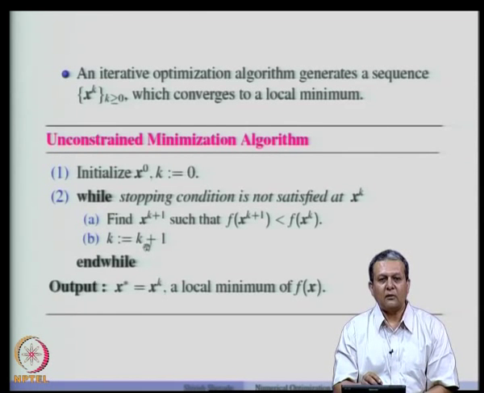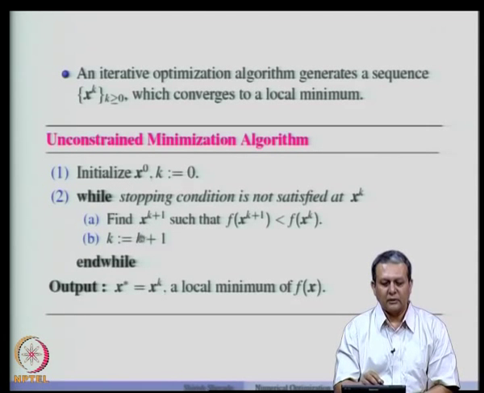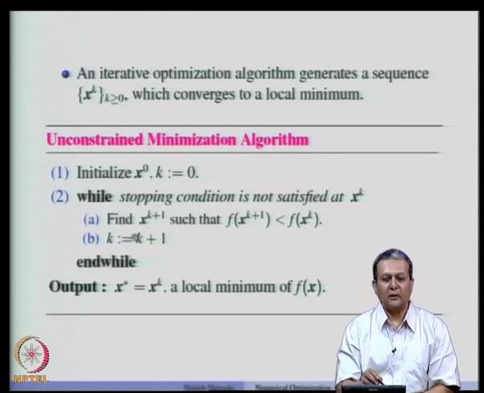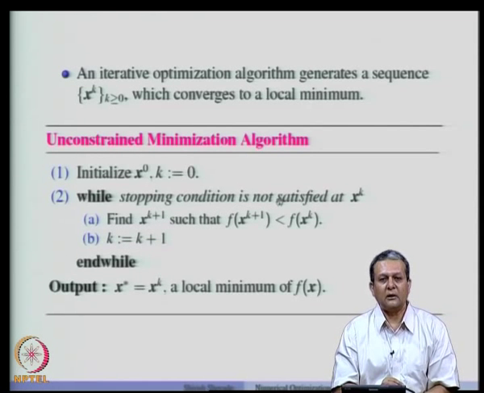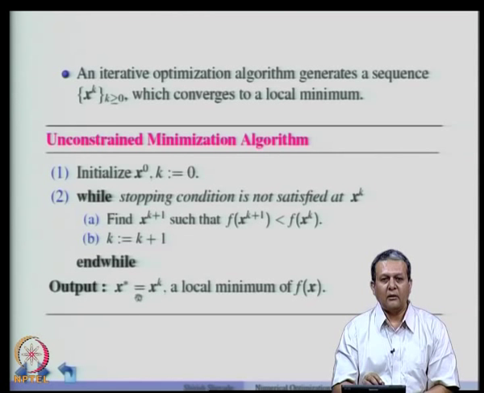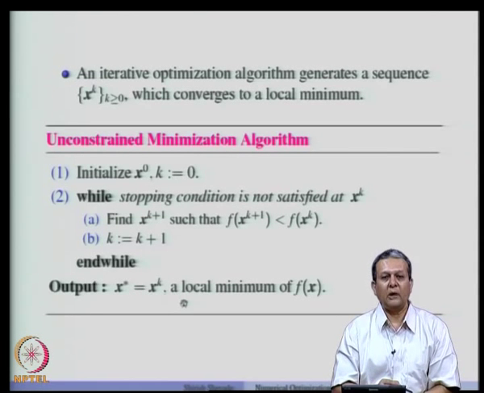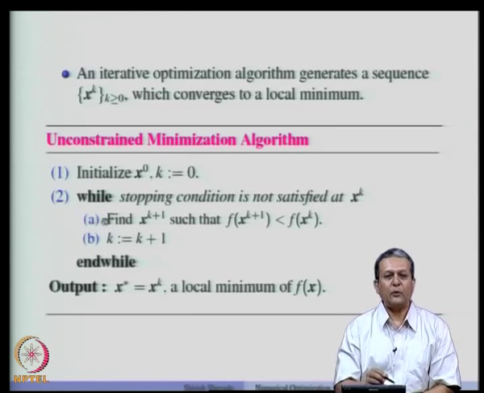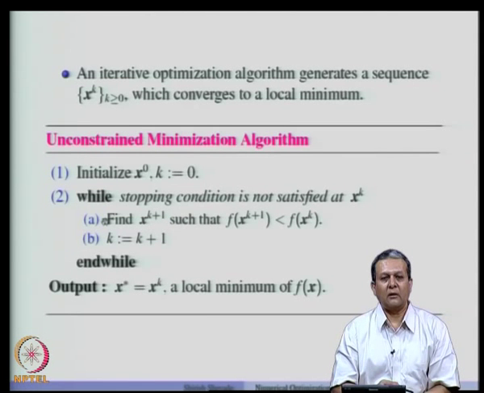Then the iteration counter is incremented by 1 and the process is repeated till some stopping condition is satisfied at xk. When the algorithm terminates, what we get is x star, which is nothing but the xk at which the algorithm terminated, and that x star is the local minimum of f of x. So, this is a conceptual unconstrained minimization algorithm.